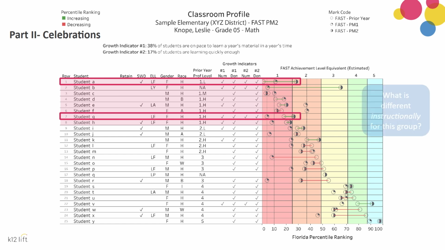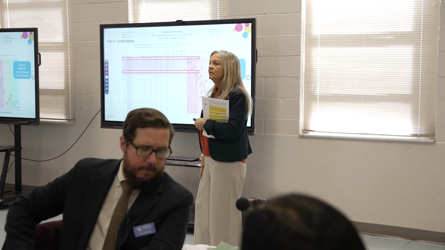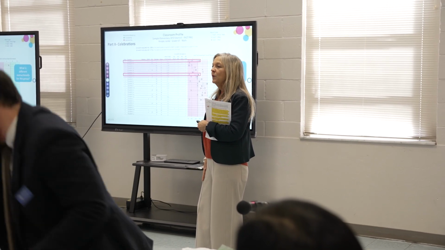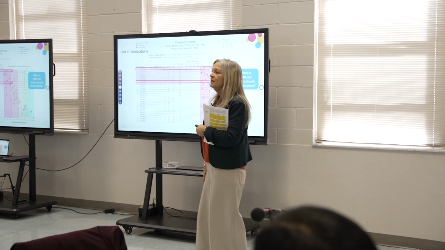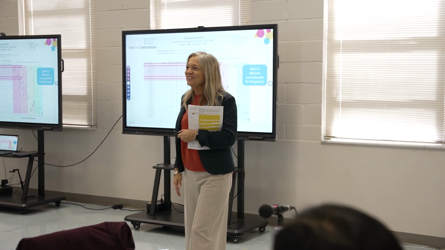All right, so you also answered what is different instructionally. What did you think was different? What's going on? Level 1 kids, if you're Miss Nope or you're you, what do you say?